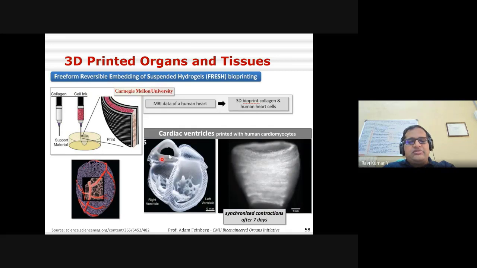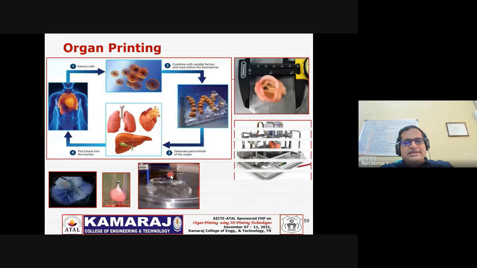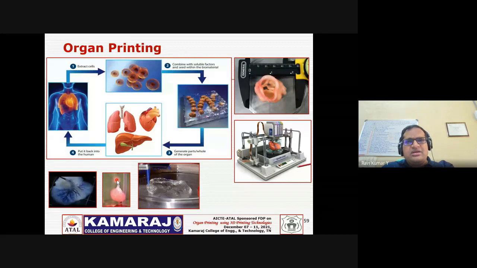Where you are targeting, whether you have taken these living cells from the heart portion, you may be repairing or replacing those cells with the patient's own living cells. So what is the state of the art of this organ printing? People have already successfully implanted or replaced bladders. A bladder may be a bit simpler than the heart or other complex organs.